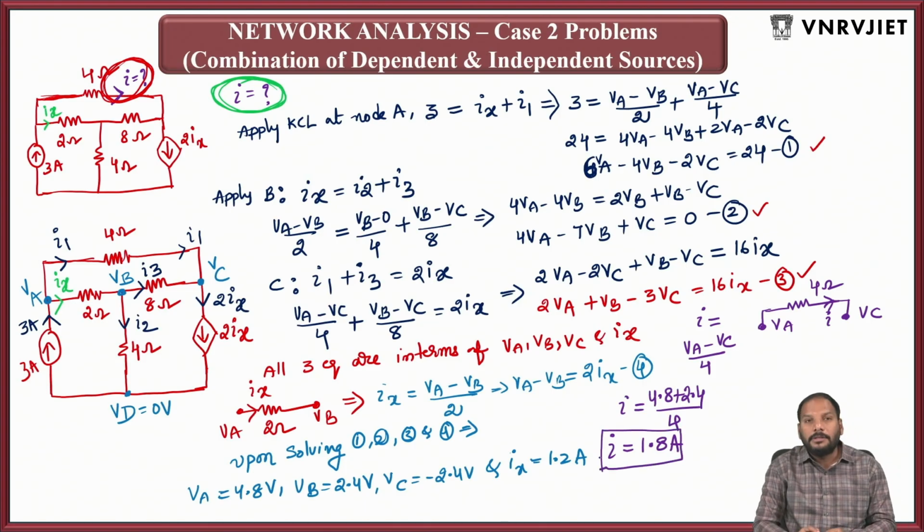So this is how you can apply the procedure on the network and get the nodal voltages. Once the nodal voltages are arrived, you go back to the question once again, check the unknown being asked, and then calculate that using the logic in the network. So this is how you can calculate the value of I, whenever the problem is under case 2, that is a combination of dependent and independent sources.